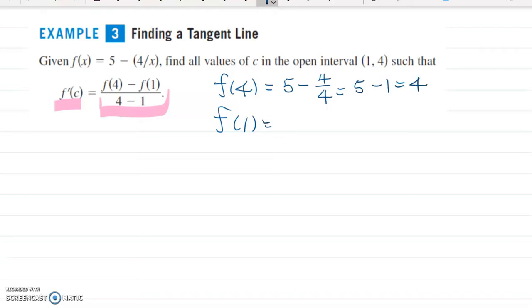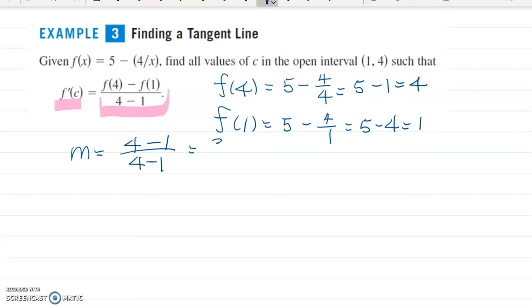Now f(1) is 5 minus 4 over 1, equal to 5 minus 4, equal to 1. Therefore, the secant line slope m becomes (4 minus 1) over (4 minus 1), equal to 3 over 3, equal to 1. Now, we are finding the x value where the tangent line slope becomes 1.